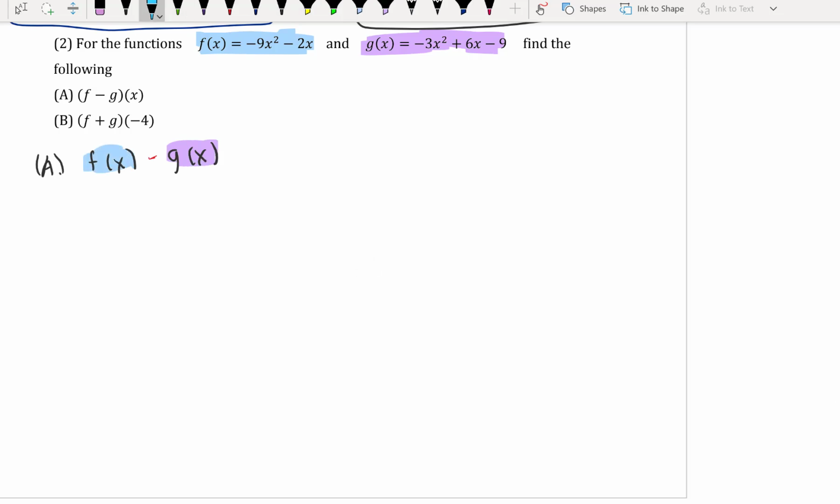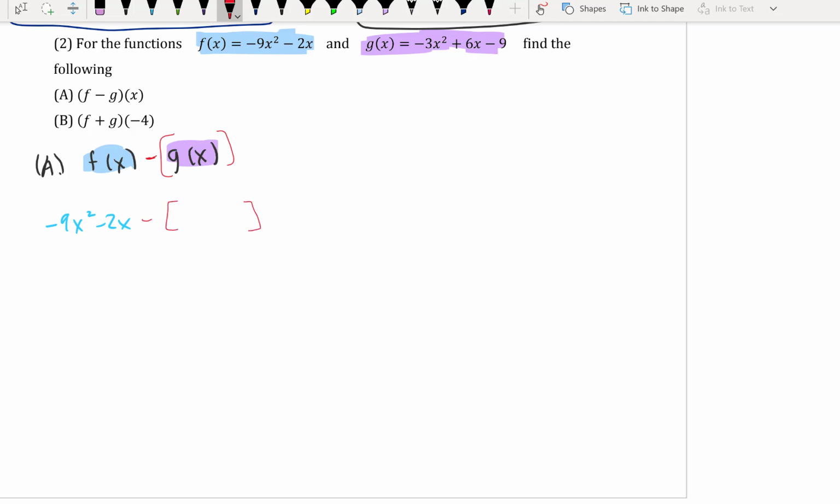So my f of x function was a negative 9x squared minus 2x. Now I'm like, oh yeah, okay, this is subtraction. So I want to be careful. I want to remember that it's subtract the entire function. So I'm going to go ahead and put subtraction, and I'm going to have my bracket.